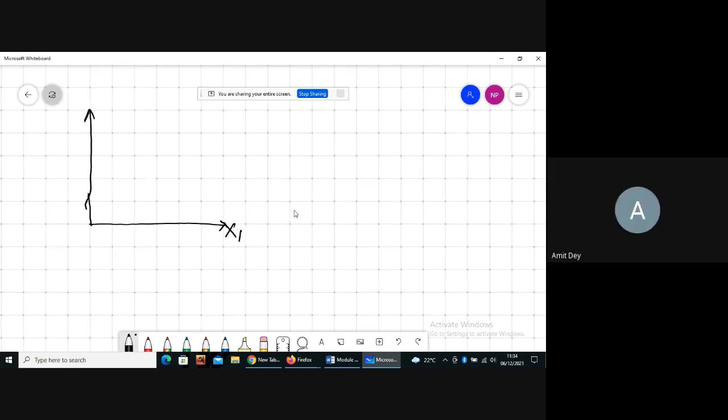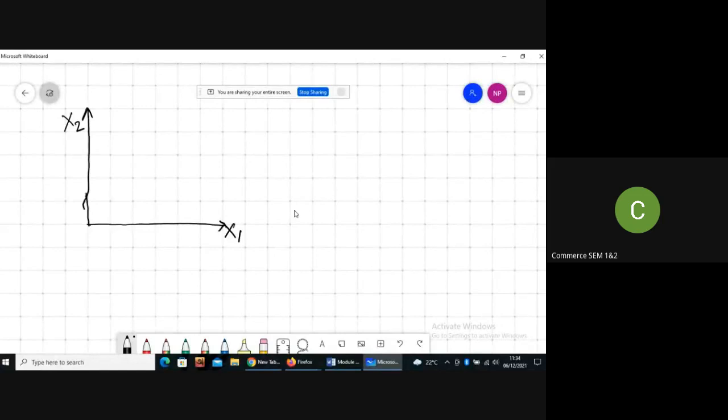So we are measuring X1 and X2, two commodities. Okay. So let's say point A is a point in this two-dimensional space.